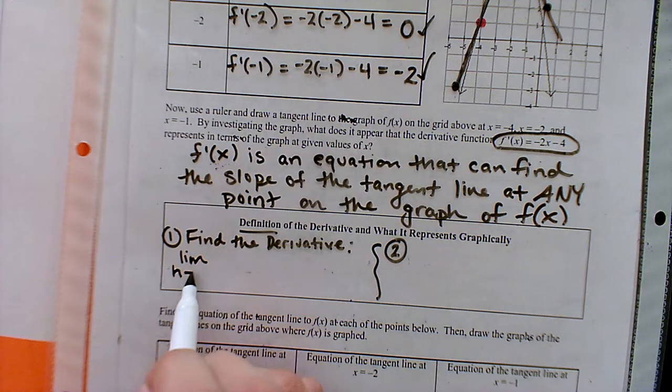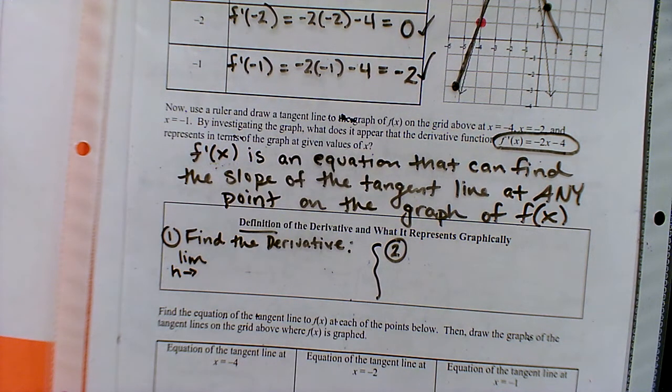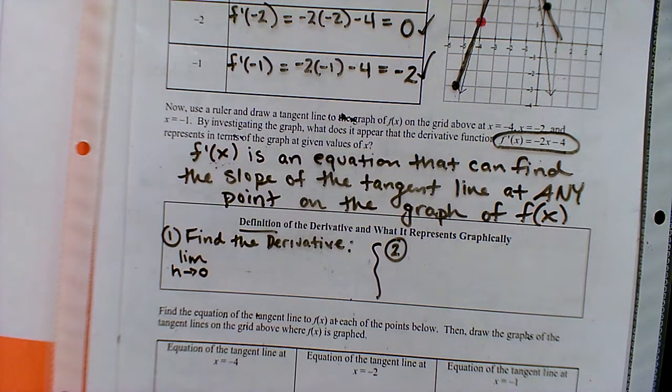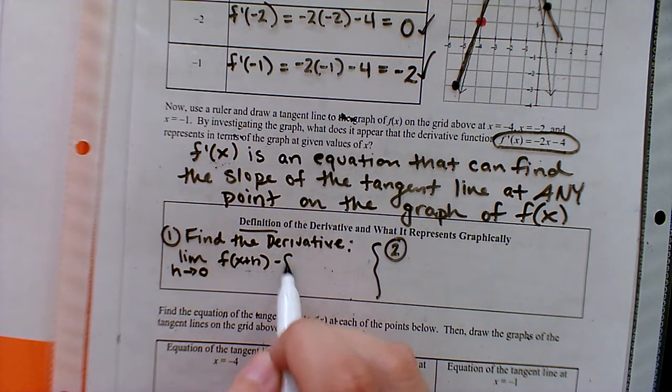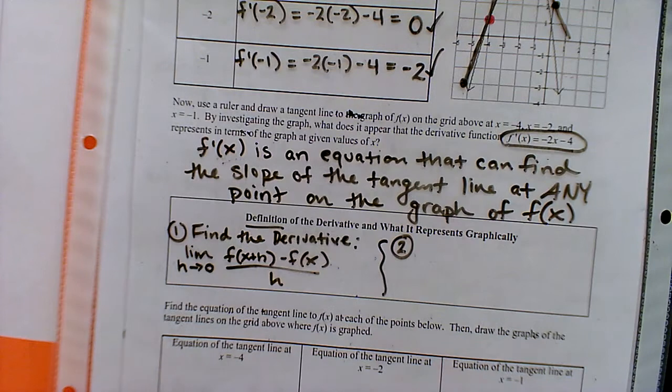And we said we wanted the h value, that difference between the x's, to get really close to 0. That way the points got closer and closer and closer. And in order to figure out the slope at one point, you have to use the slope between 2 points, which we said was f of x plus h minus f of x all over h. You use the slope of a secant line and eventually get those points so close together that the secant line becomes the tangent line, aka the secant slope becomes the tangent slope. So we're going to use that limit to help us find the derivative equation.